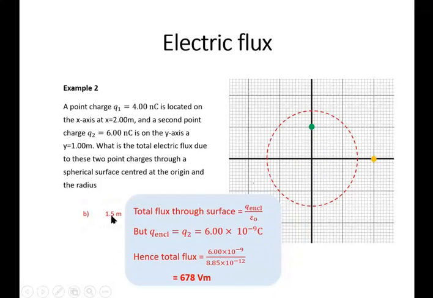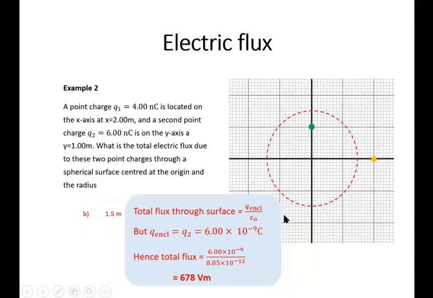Let's go to the second one. The second one has a radius of 1.5. This is the second sphere that we've drawn, centered at the origin with a radius of 1.5. From here to here is 1 meter. From here to here is 0.5 meters. So we draw this one and we realize that it encloses only one charge, the Q2, 6 nanocoulomb.